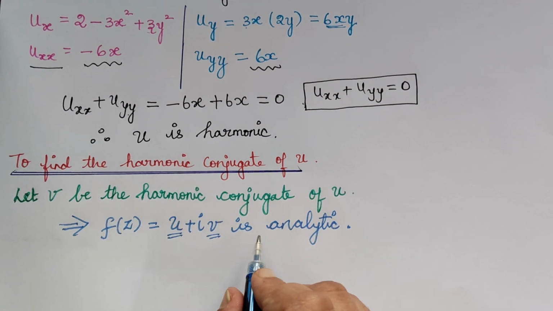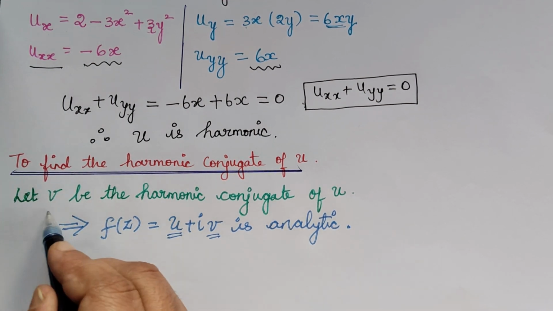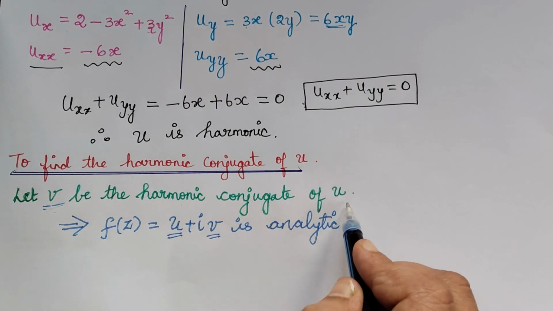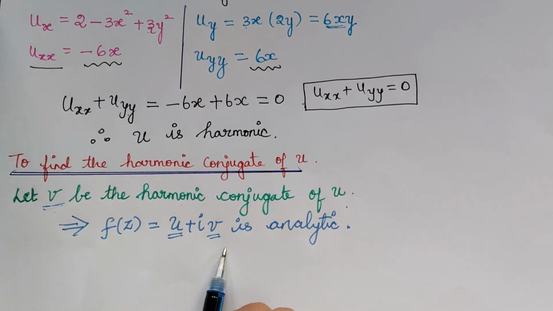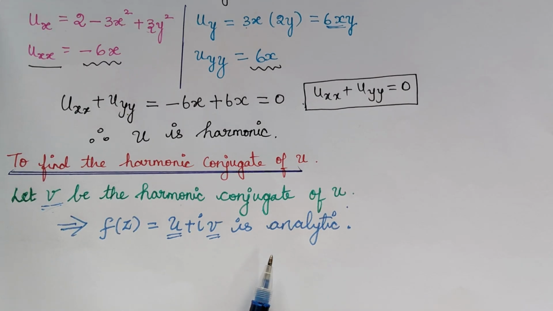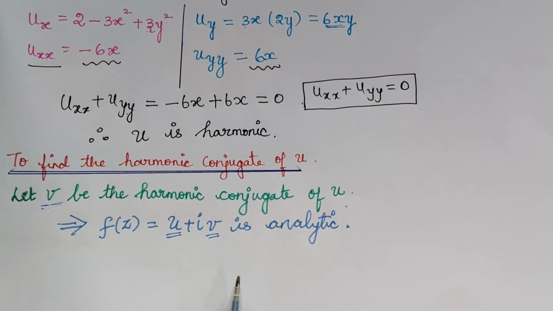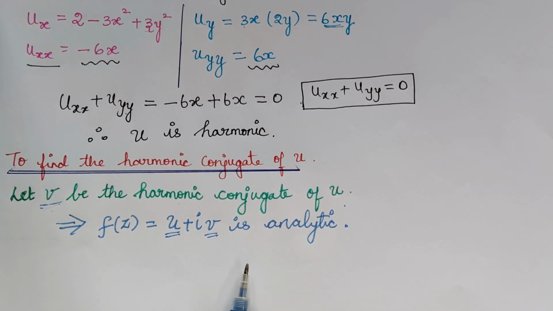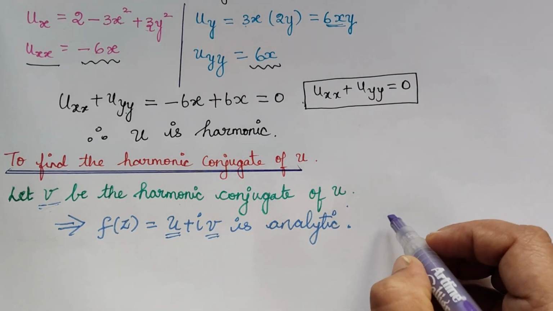Now we have to find the function v, so that we will be finding the harmonic conjugate of u. For that we are going to make use of the CR equations. We know that there are two equations which correspond to the CR equations, out of which we are going to make use of the first equation now.